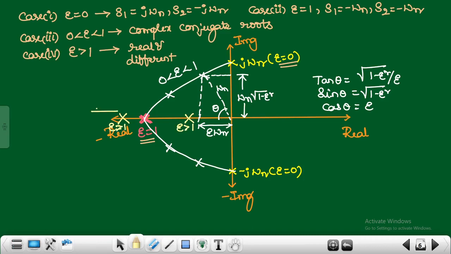One root is going in this direction, another root is going in the other direction. So we can say real and different roots when zeta is greater than 1. So this is the entire graph of the second order system, and by varying the zeta value, we see how it affects the system.